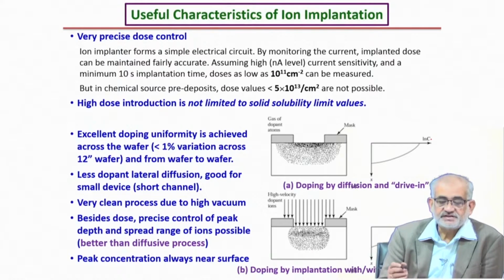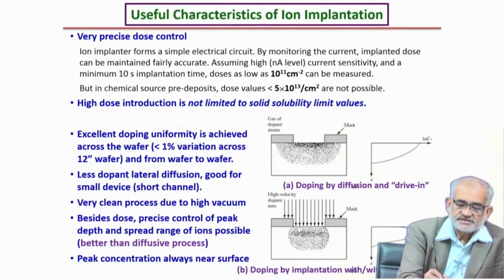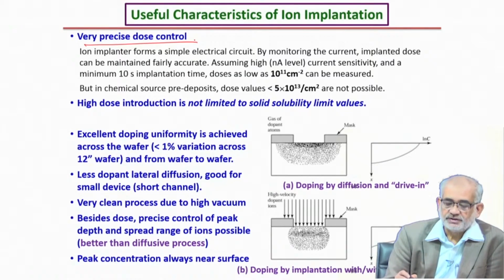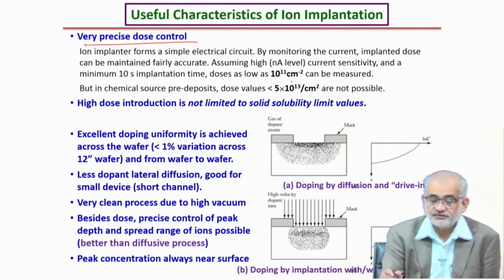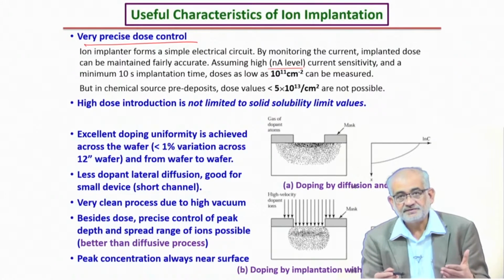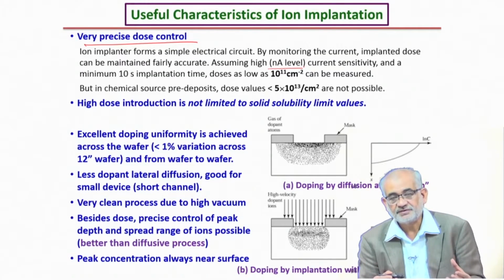So certain characteristics of ion implantation are found very, very useful. First is that we can achieve very precise dose control. Even with reasonably good current sensitivity, up to the nanoampere range, the current depends upon the number of ions which actually hit the target.